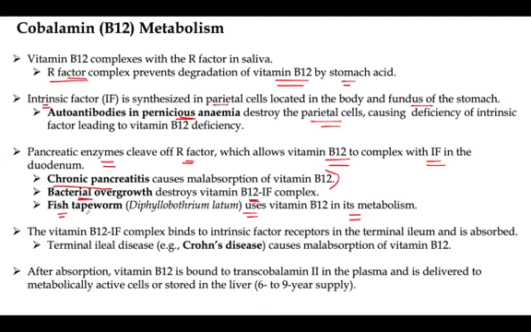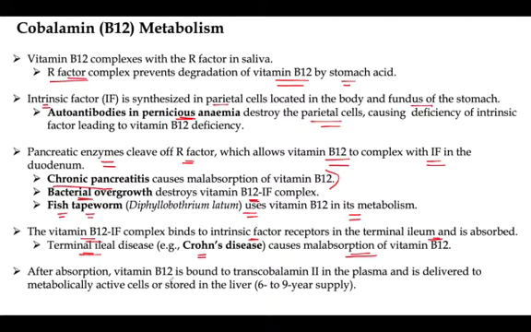So if a person is infected with fish tapeworm, he or she may also exhibit functions related to vitamin B12 insufficiency. The vitamin B12-IF complex binds to IF receptors in the terminal ileum and is absorbed. So if a person is suffering from terminal ileal disease such as Crohn's disease, there will be insufficiency of vitamin B12 functionality.